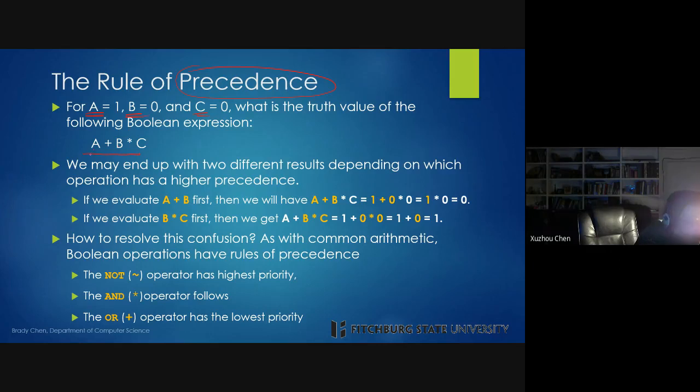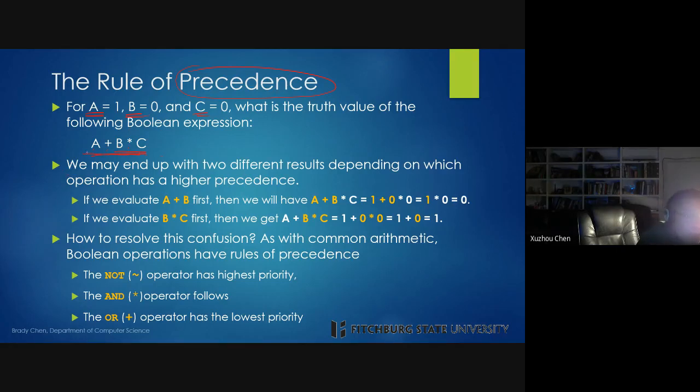Now, if I want to calculate A plus B times C, if it is arithmetic, then we know the precedence, right? Because when we have operations like addition and multiplication, multiplication has a higher precedence than addition. So if we have an operation like this, you always calculate the multiplication first and then the addition next, right?